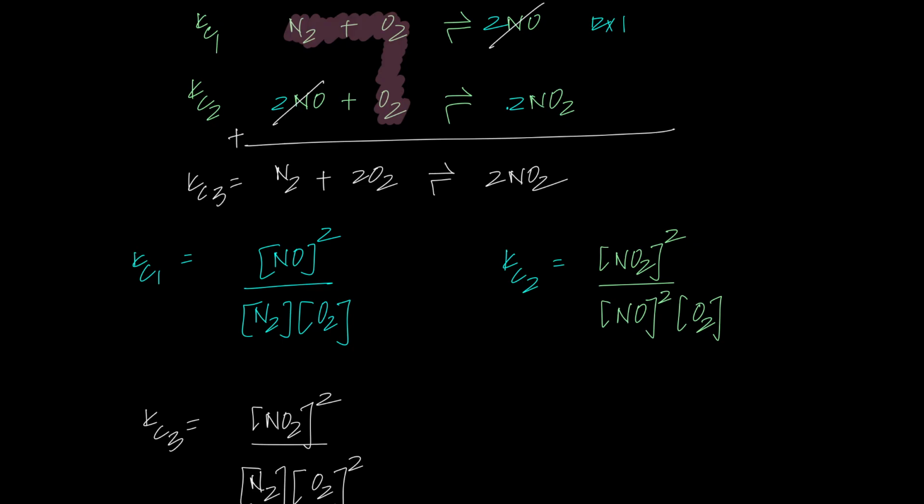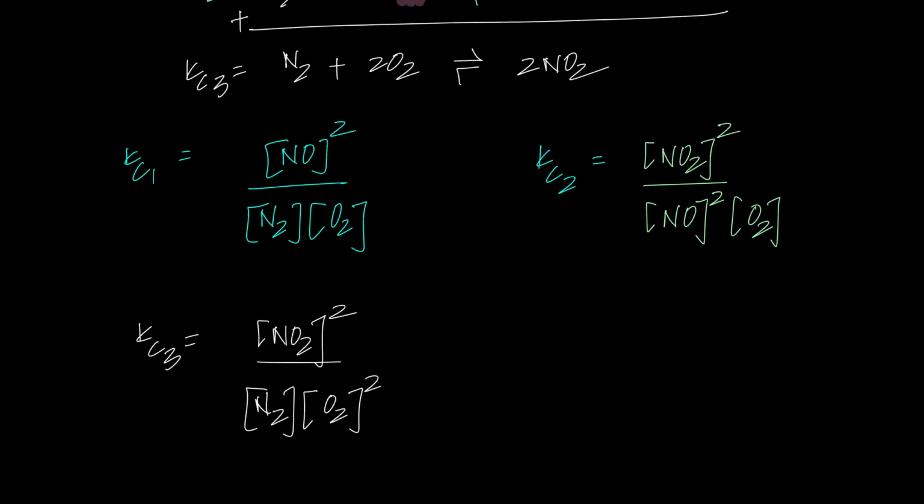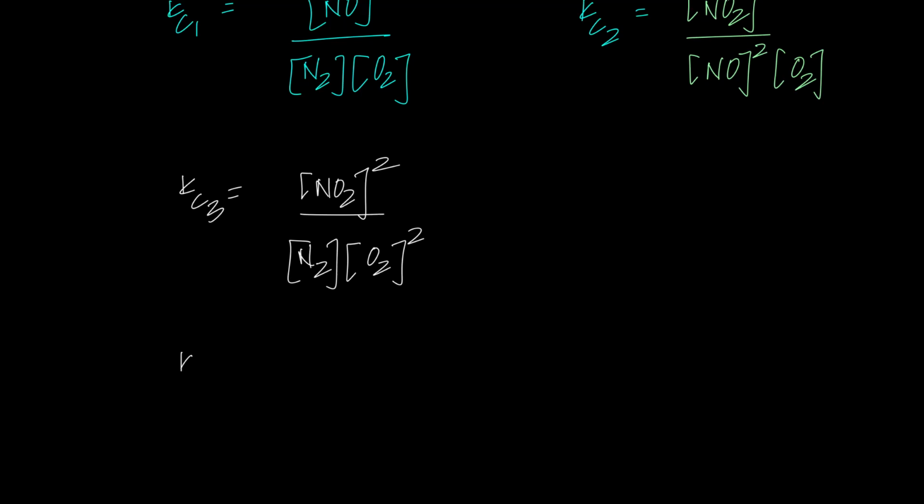If multiplication had a superscript effect, which is squared, cube, and whatever, addition should have a multiplying effect. It should, Sarah, you are right. So if you want to directly find it, Kc3 would be equal to Kc2 into Kc1. Sir, but you haven't proven it to us.